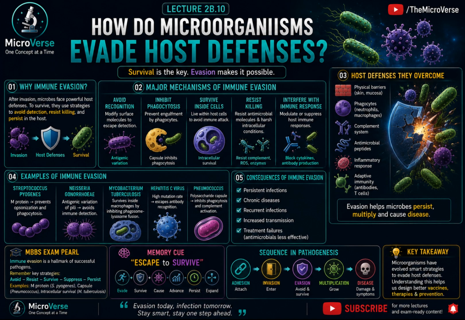A classic example is Mycobacterium tuberculosis. It can survive within macrophages by interfering with the normal intracellular killing mechanisms, including processes involved in phagosome maturation and phagolysosome formation. This gives us an important principle: a cell that normally kills microorganisms can sometimes become a site of microbial persistence.